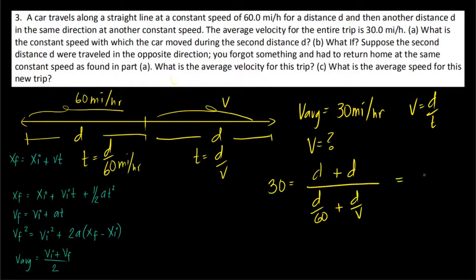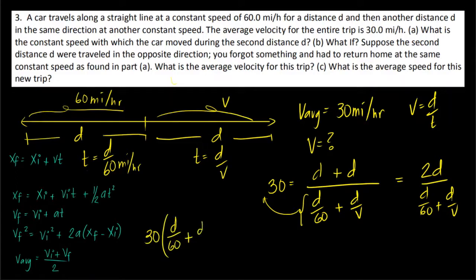So you can say that this is 2d over d over 60 plus d over v. Okay. And then, transpose the denominator to the top, so it now becomes 30 times d over 60 plus d over v is equal to 2d.